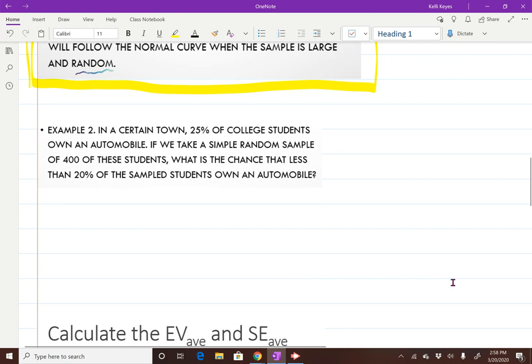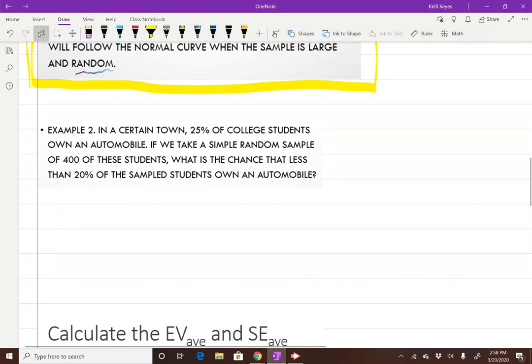So we have in a certain town, 25% of college kids own a car, okay? And then, if we take a simple random sample of 400 of these college students, what is the chance that less than 20% of them own a car? All right, so we're using the EV and SE percent to find the chance of it happening.